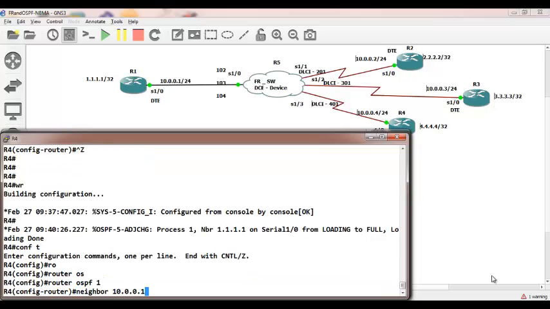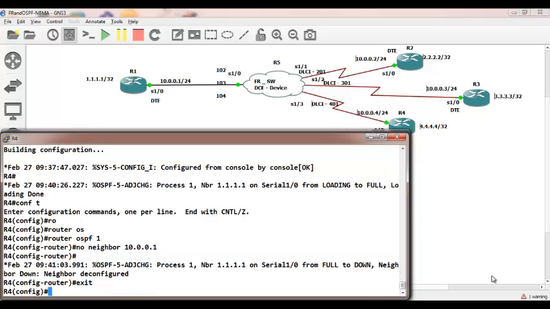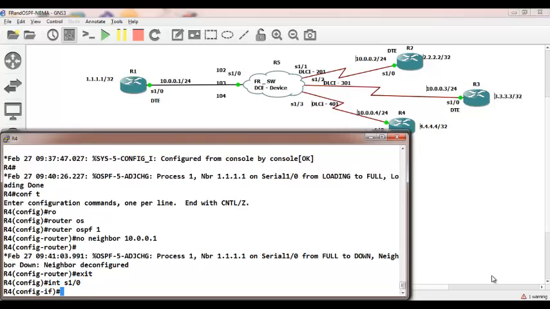Neighbors removed. So what is needed? Go under all the routers' interface and change the network type. IP OSPF network type point-to-multipoint.